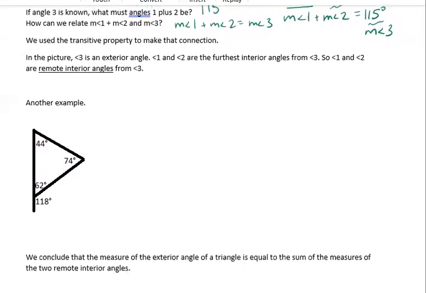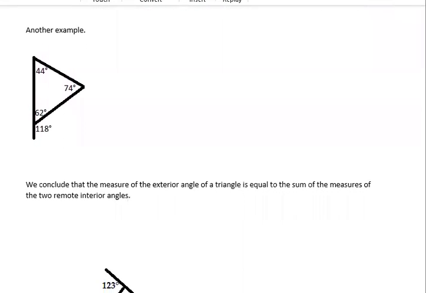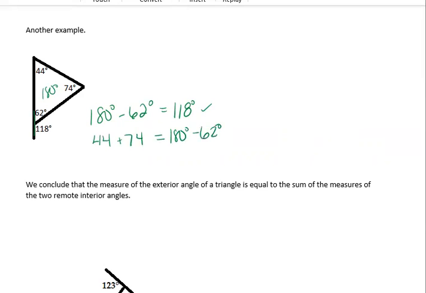So let's see if it works over here. 62 and 118, does that make sense? So is 180, this straight line, minus 62, that is 118, so that works. And then if I know 62 and I have 180 inside this entire triangle, I could say that 44 plus 74 must be equal to 180 minus the 62 that we already know.